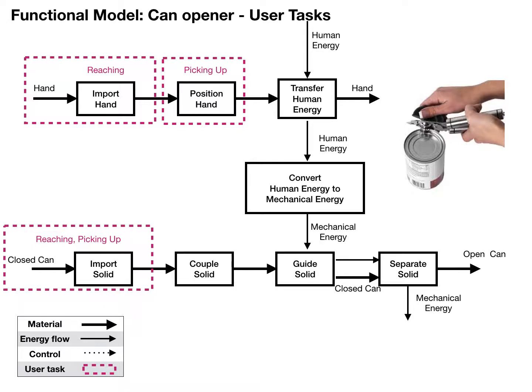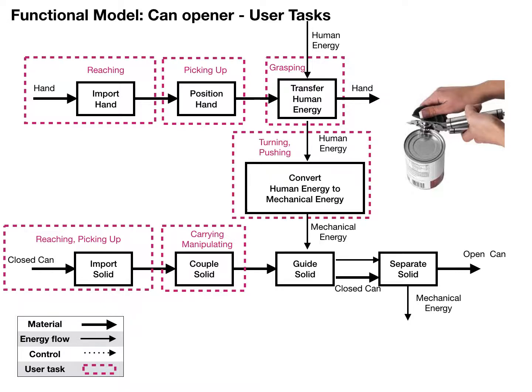The can, we need to use our hand again to pick up the can, move it, position ourselves, and then of course combine everything together. We need to start making some carrying and manipulation tasks. We have to grasp the device together, and of course we need to turn and push to transfer that human energy into mechanical energy. And finally we will need to do some manipulating and pulling to separate the final can.